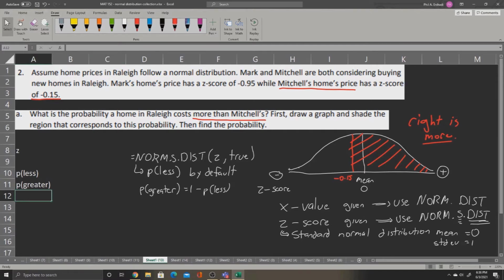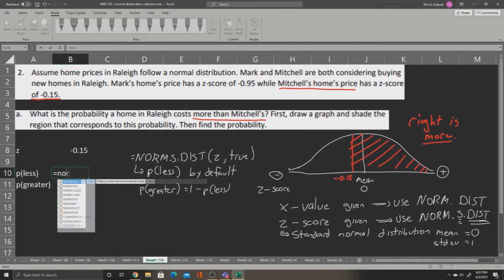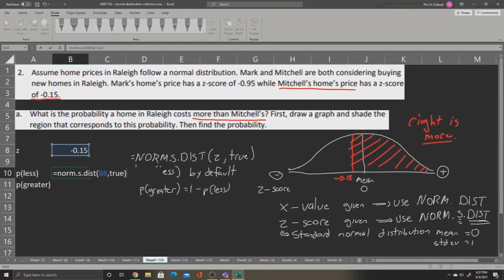Now let's enter what we know. The z-score for Mitchell's home is negative 0.15. To find the probability of being less than negative 0.15, we enter norm s-dist, click the z, comma, true. Now we have the probability of being less, and let's enter equals 1 subtract, and then click on the probability of being less.